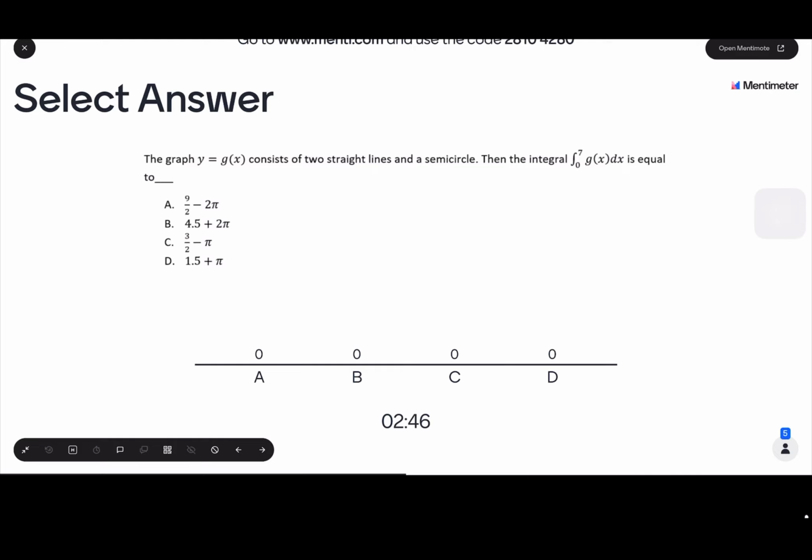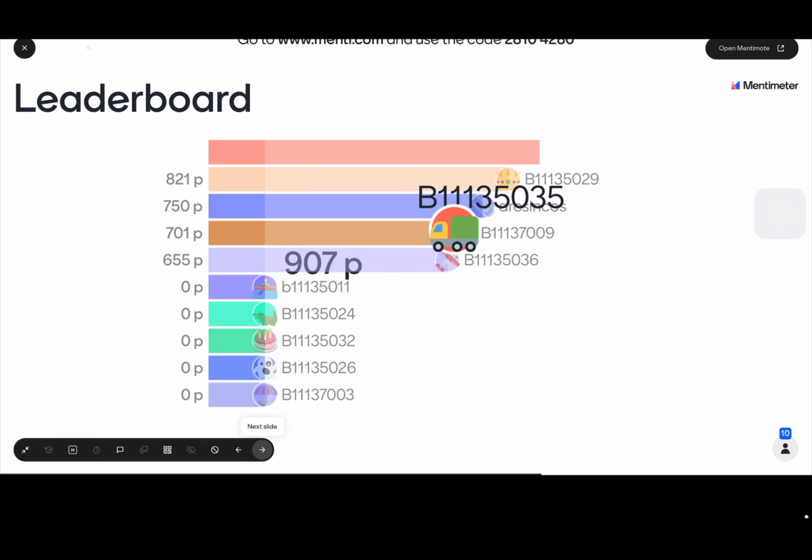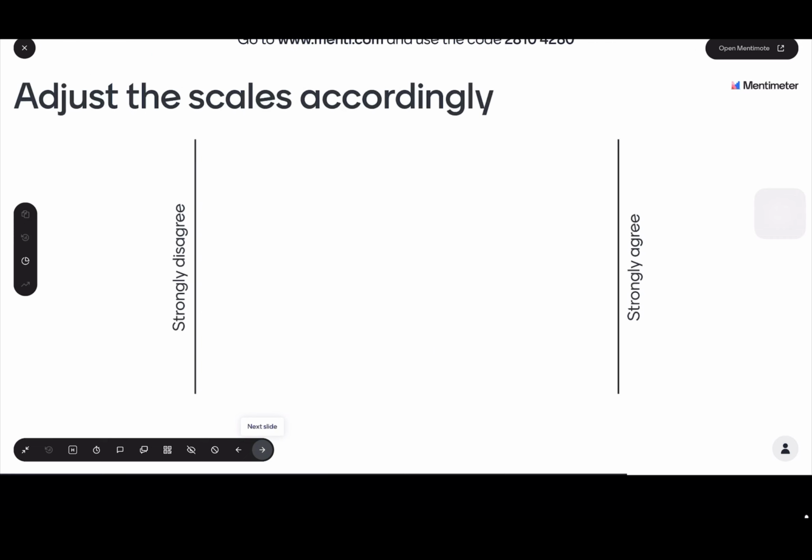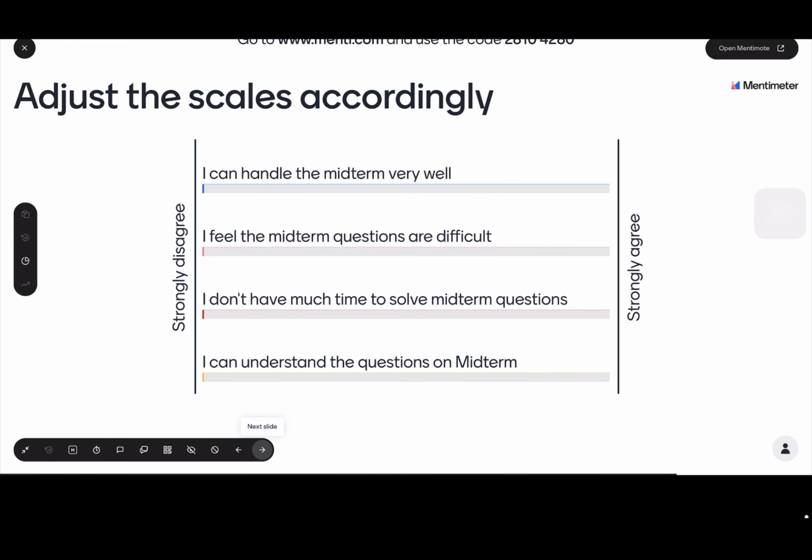Yeah, just cancel the question. It's impossible to guess. Let's just skip that. We don't really have the picture.